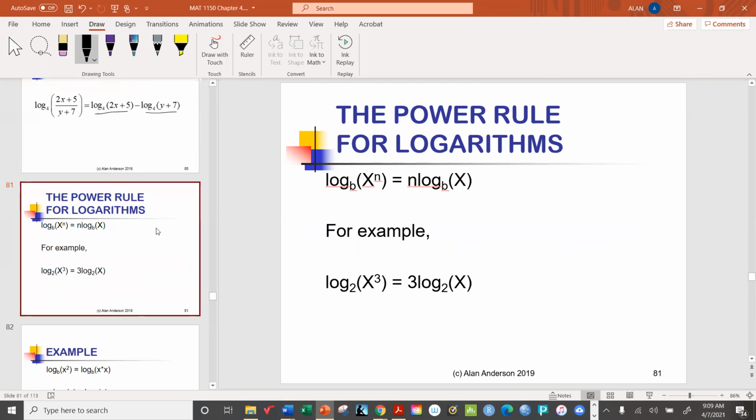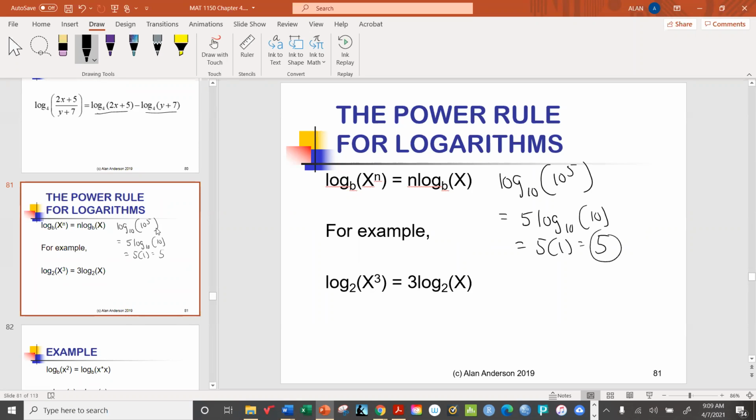So in other words, if I have log 10 of, let's say, 10 to the 5th, this is the same as 5 log 10 of 10, which is 5 times 1, which is just 5.